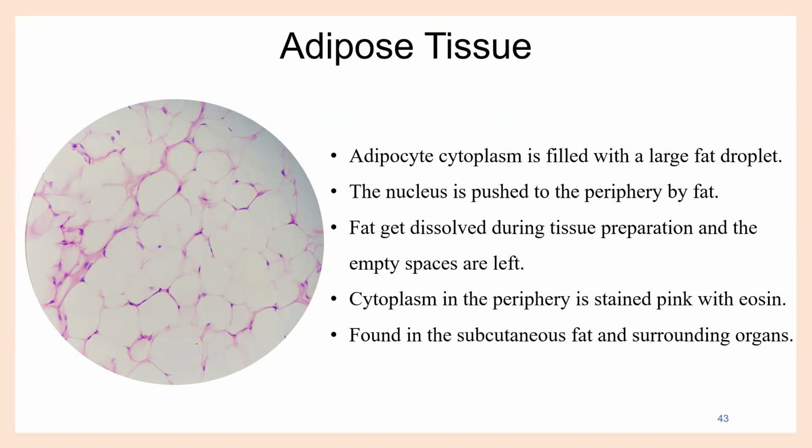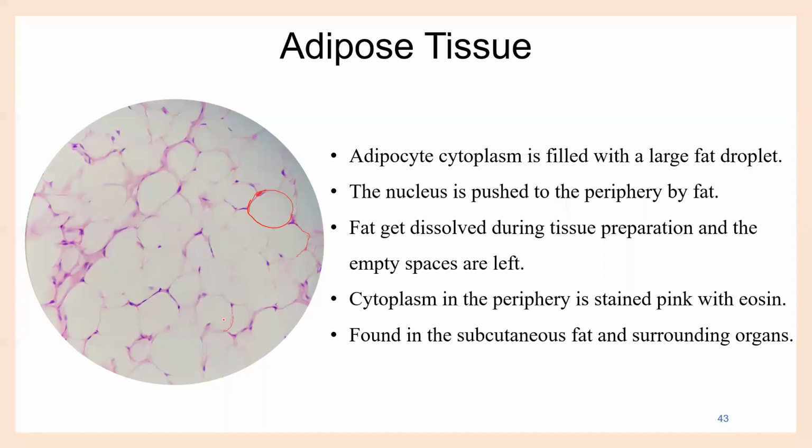So when you put alcohol, the fat inside these cells gets dissolved and the empty space is only left. Okay, and the cytoplasm gets pushed to the periphery and you get the thin pink stain with eosin, and you can see sort of like empty spaces, so all this is fat, that is the nucleus, and thin rims of cytoplasm are seen.